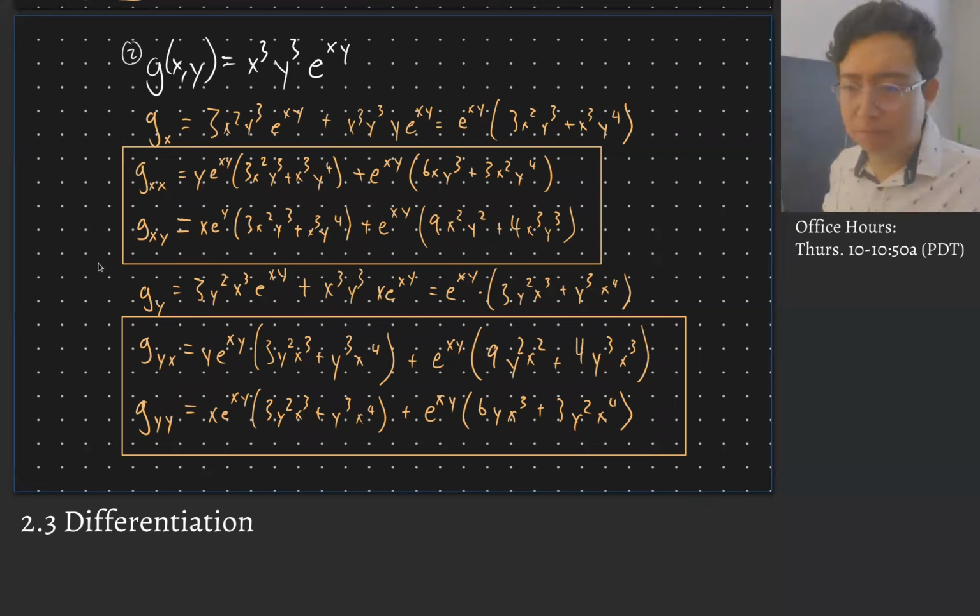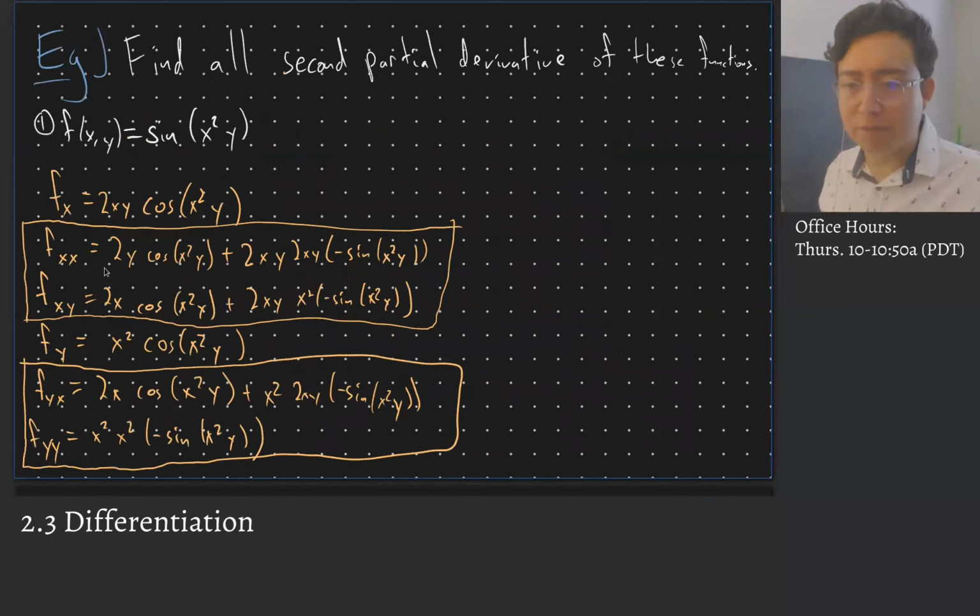Cool. Any other questions? So there's something maybe you noticed about both of these examples. It's more clear in this one. So let's look at this. This here, this mixed partial and this mixed partial.